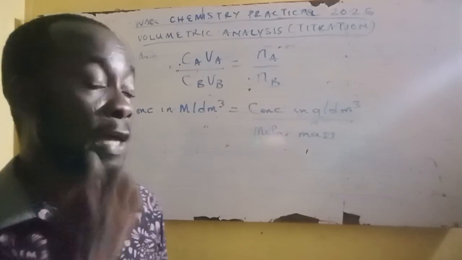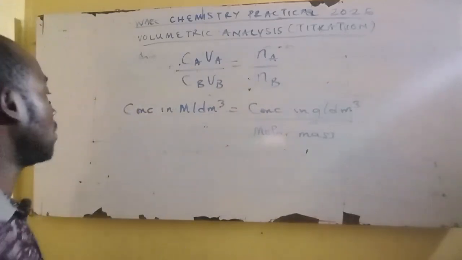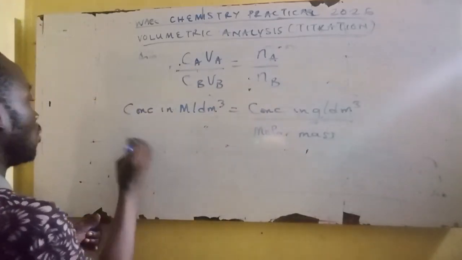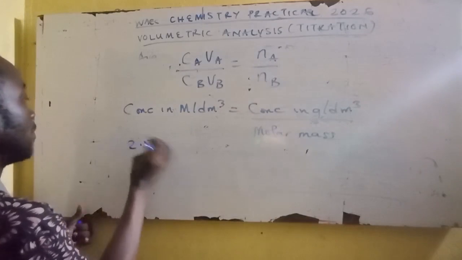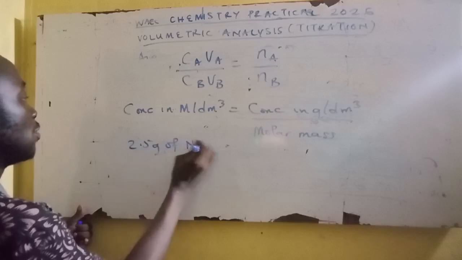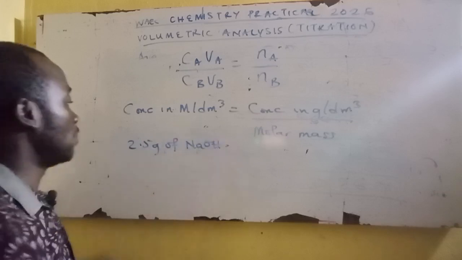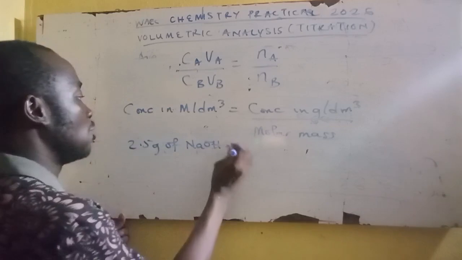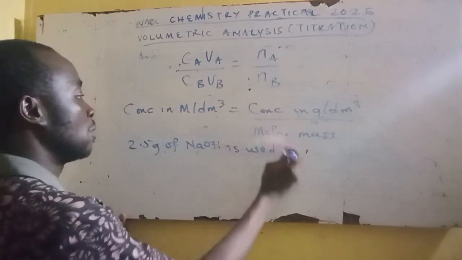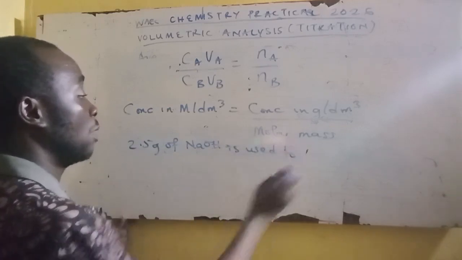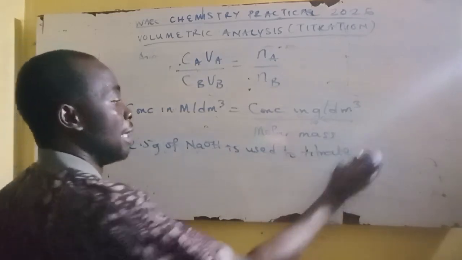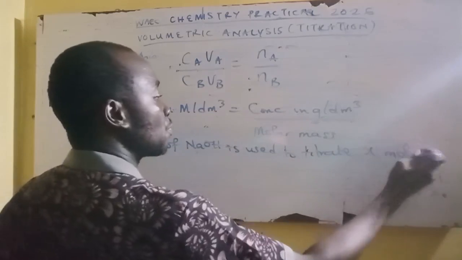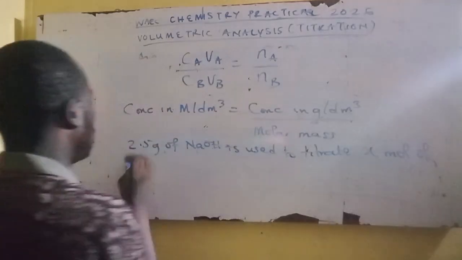Let me coin up a question. Let's say 2.5 gram of NaOH is used to titrate X mole of H2SO4.